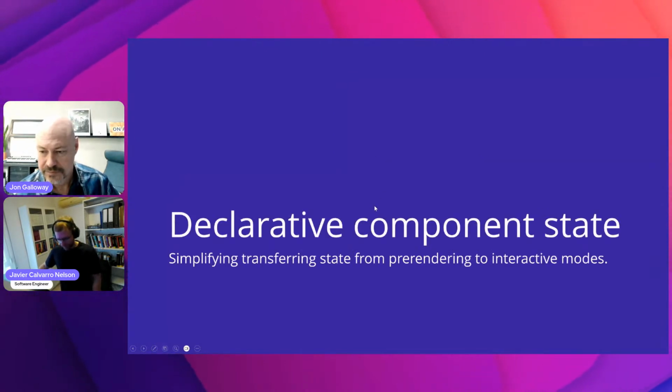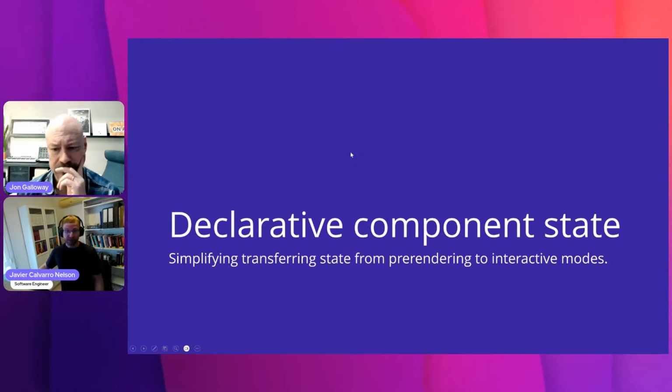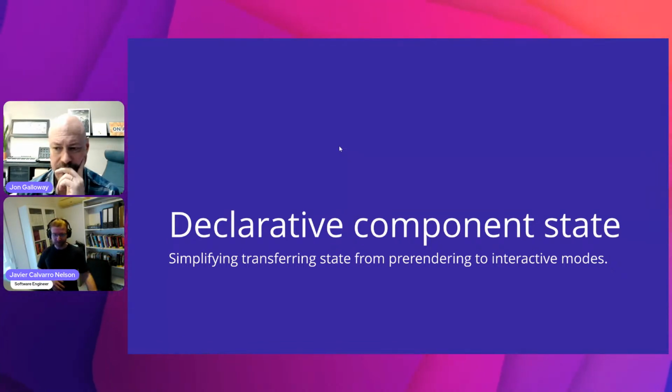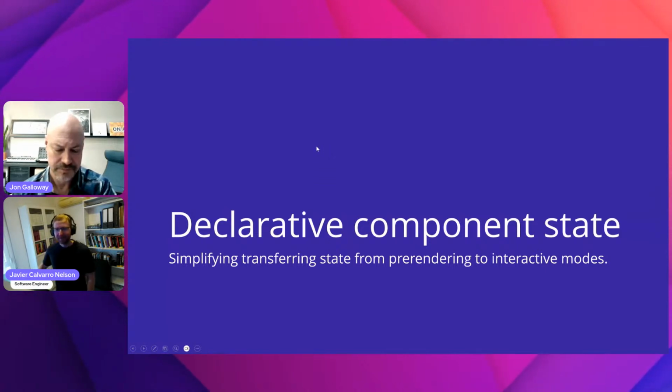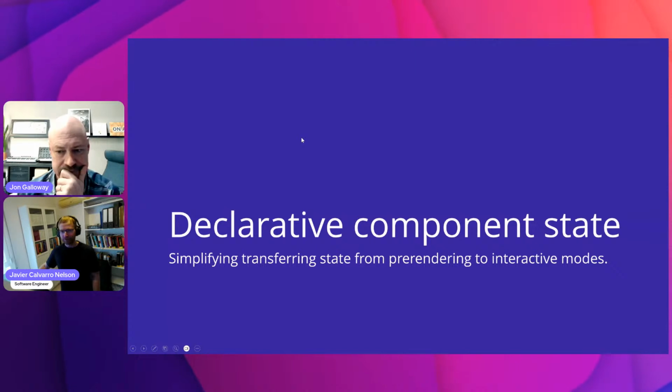So let's start with the declarative component state. Essentially, Blazor has a way of transferring state from server pre-rendering into the interactive modes, whether it's WebAssembly or interactive server. But the model is, to put it in a nice way, not great. It requires a lot of boilerplate, and there are a lot of things you need to figure out in order to do it.